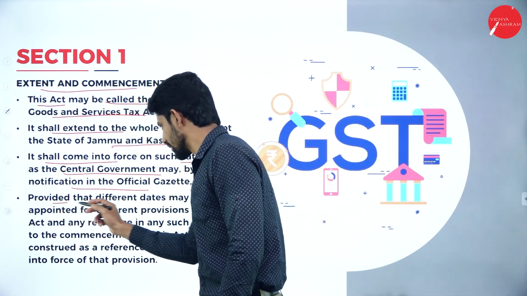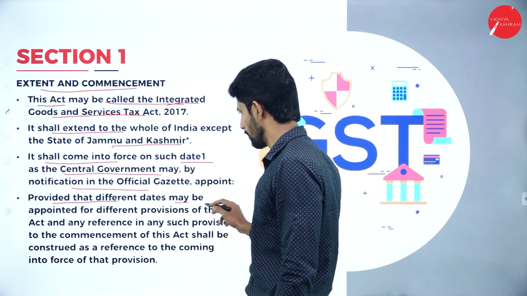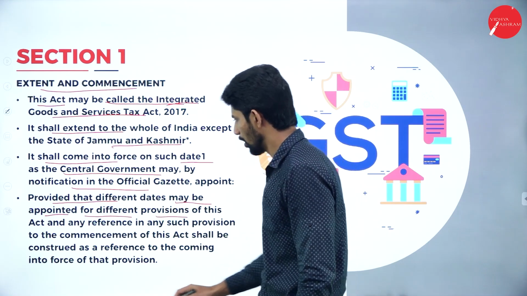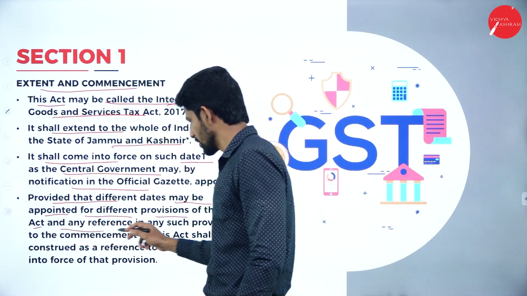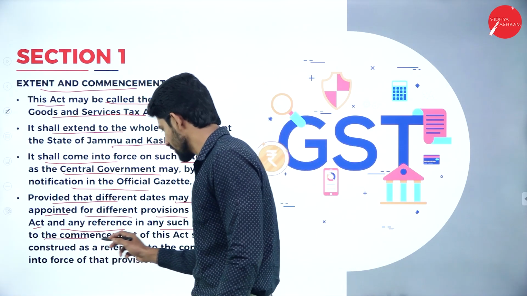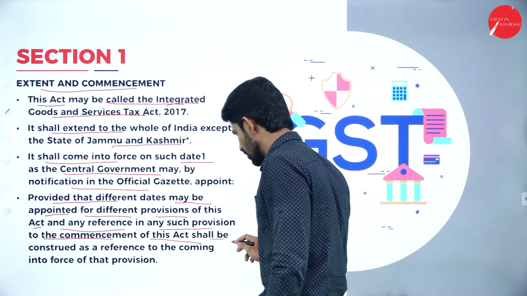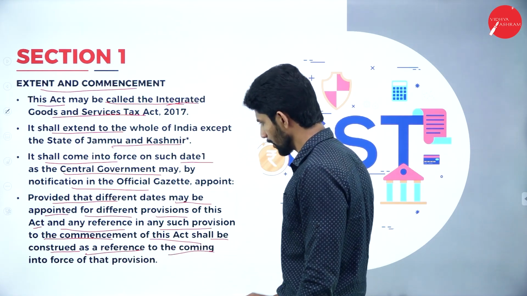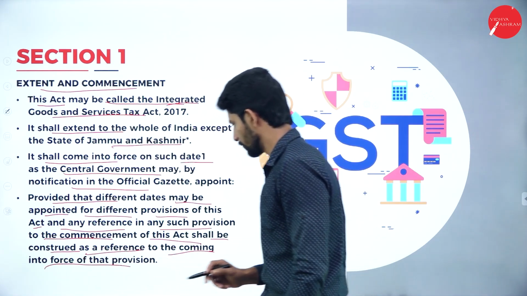Next, provided that different dates may be appointed for different provisions of this act, and any reference in any such provision to the commencement of this act shall be construed as a reference to the coming into force of that provision.